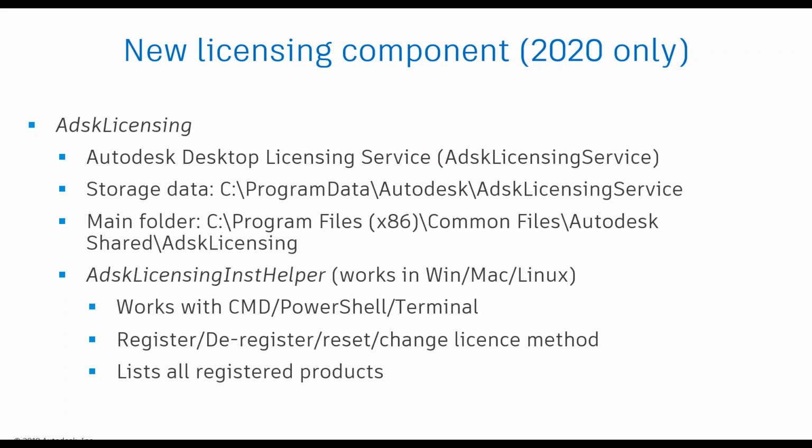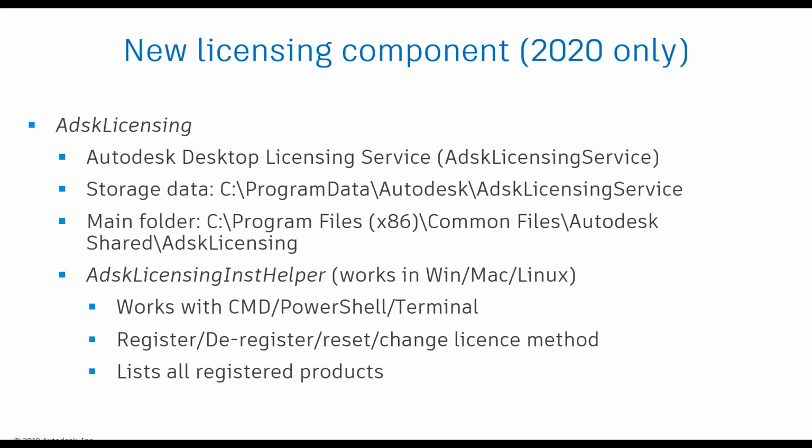The desktop licensing service needs to run at all times to have the software talking not only with our server for license validation, but also with the agent itself that is installed on the machine. This is an important item.